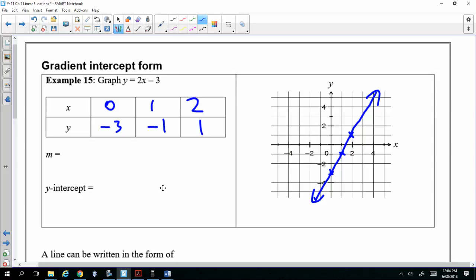So what you need to do, once you've drawn the graph, please write down what the y-intercept is, what the gradient is.